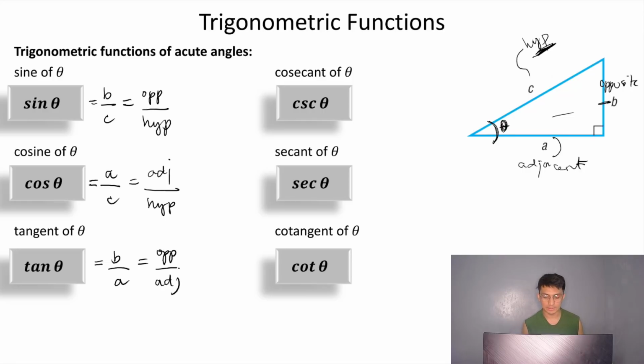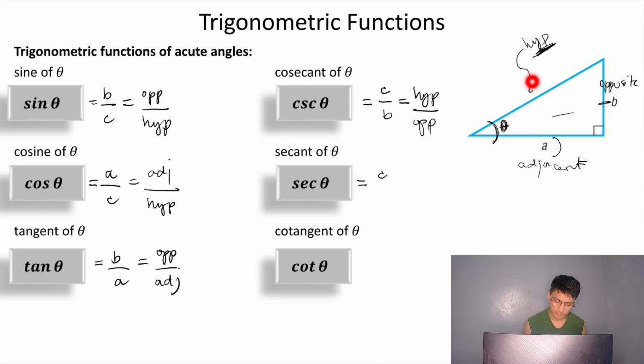For cosecant theta naman, yung cosecant theta is the kabaliktaran ng sine theta. So, isulat na lang natin dito, we have C over B or the hypotenuse over opposite. And for the secant theta, the reverse trigonometric function of the cosine theta.